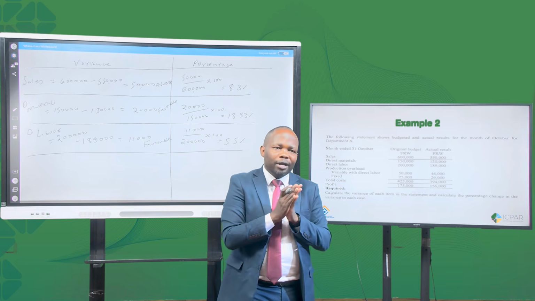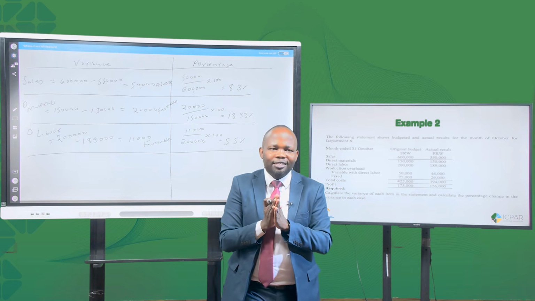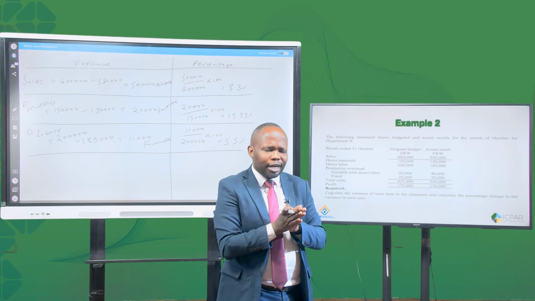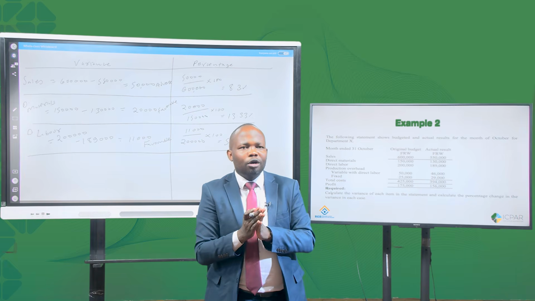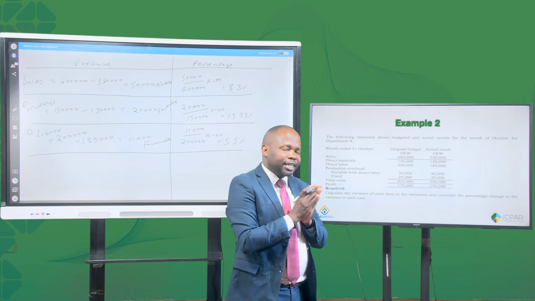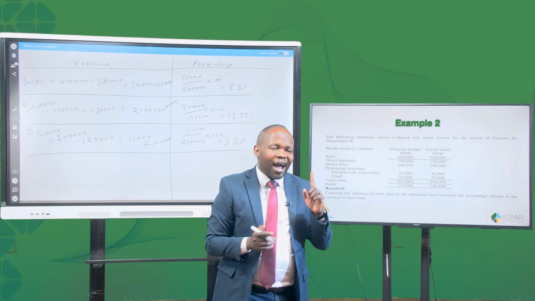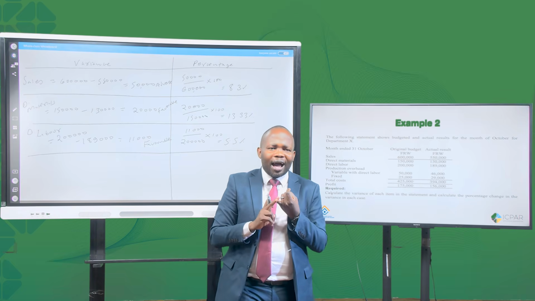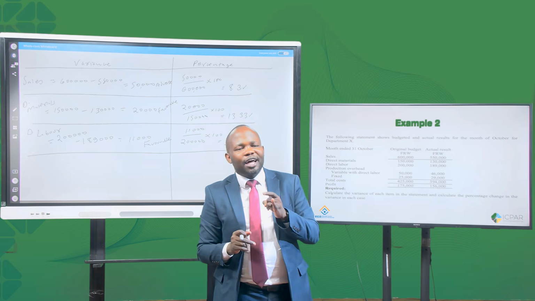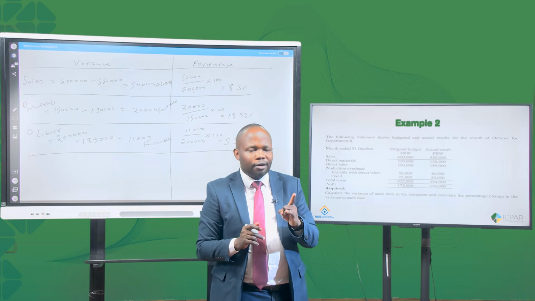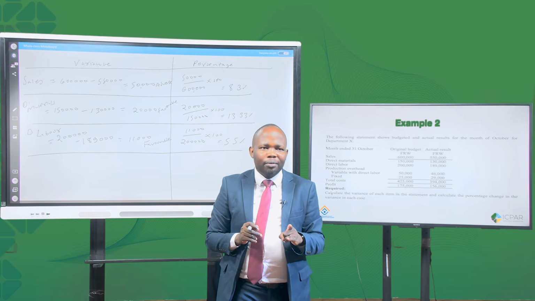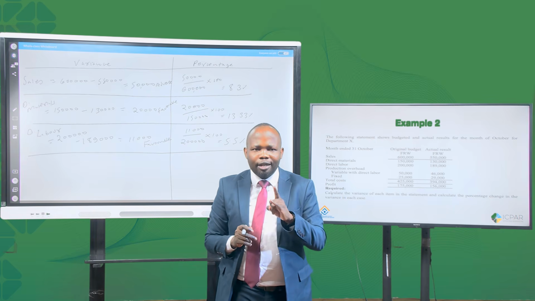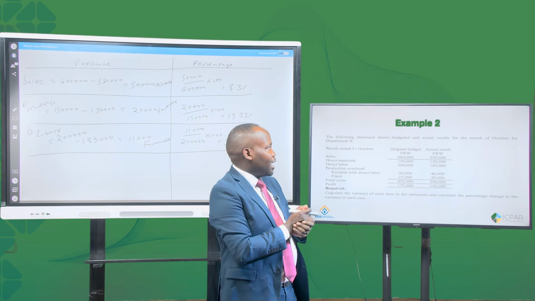For income, when actual income is more than budgeted, it's favorable. For adverse, when actual costs are more than budgeted, it is adverse. For incomes, when actual income is less than budgeted, it is adverse.